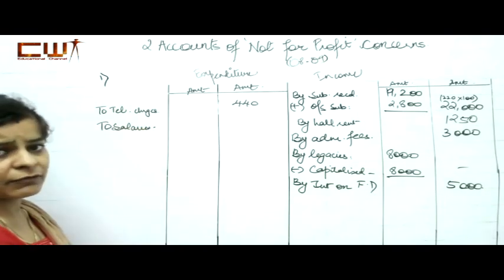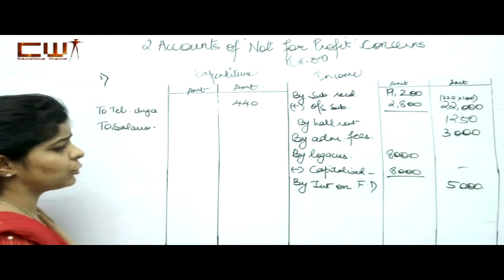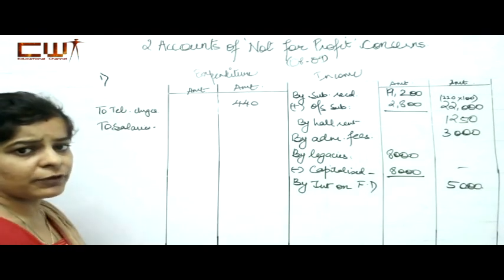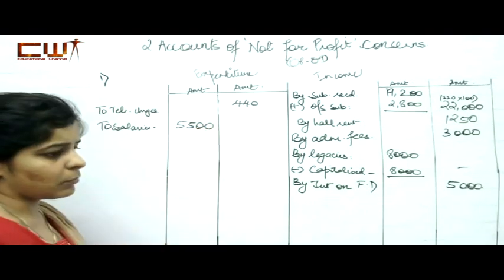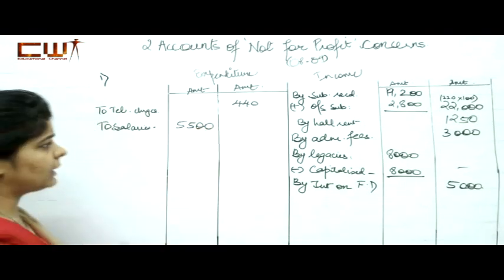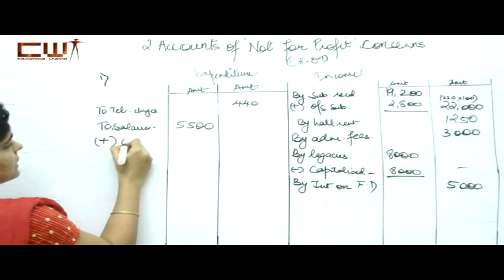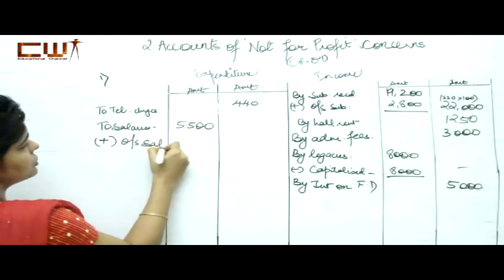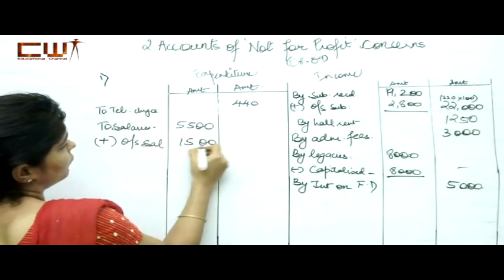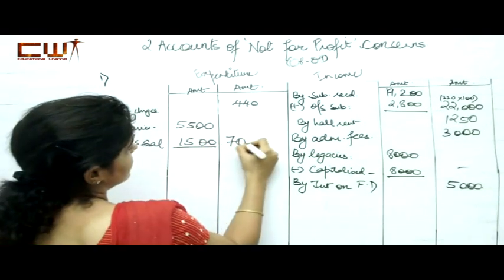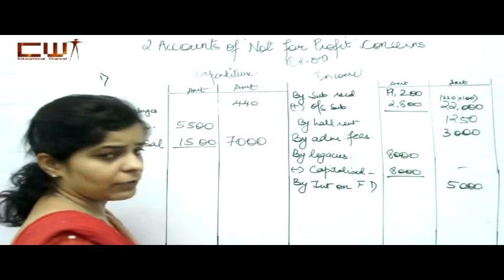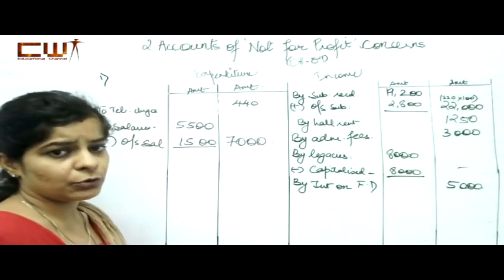How much salaries they have given to you? Salary is given to you in the question as 5500. Right? And how much outstanding salary they say? It is 1500. 5500 and 1500 total will give you how much? 7000. Right?